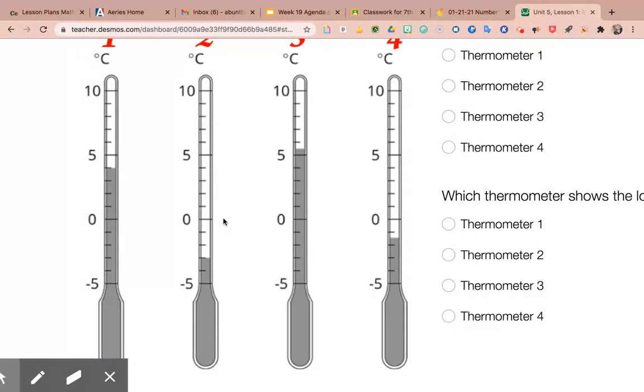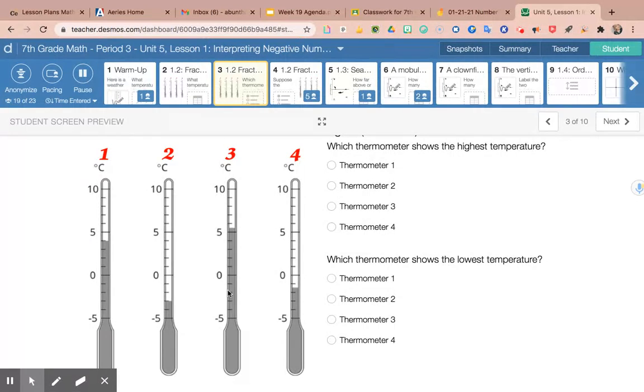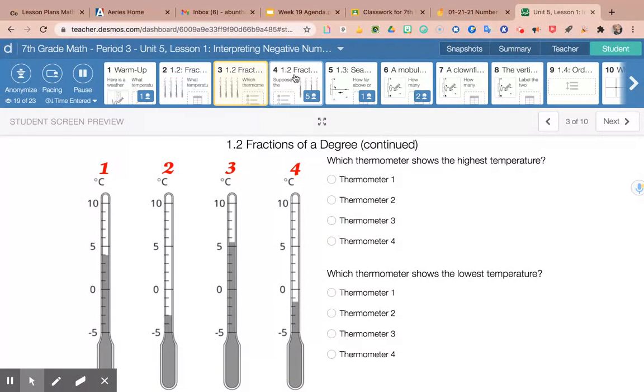So negative 5 is smaller than negative 1. They're opposites. So up is bigger, down is smaller. So negative 5 would be smaller than negative 3. So you'll pick which one's the highest, which one's the lowest.